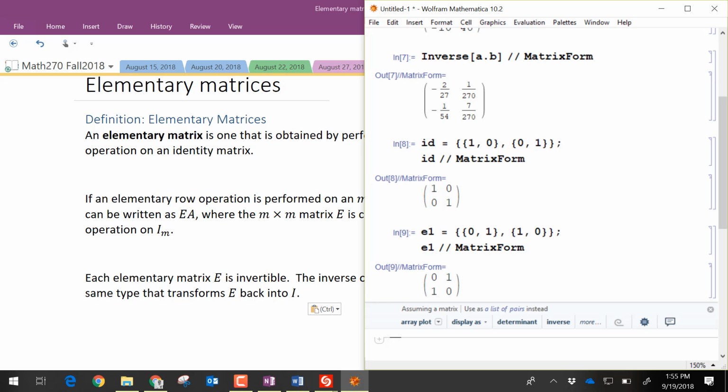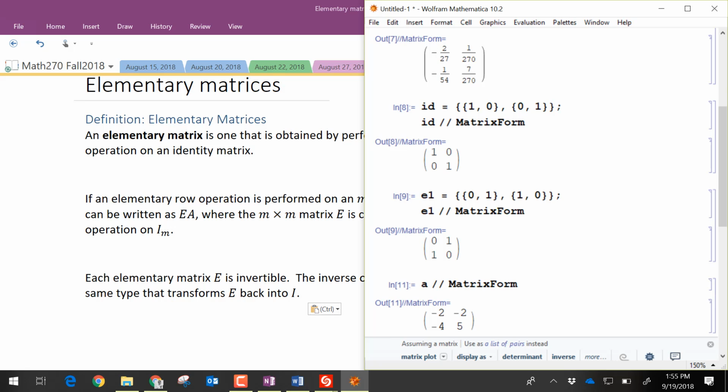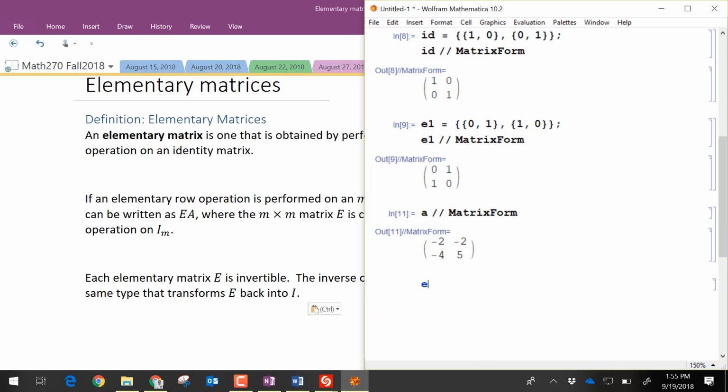The interesting thing about an elementary matrix in matrix form is that if you take a matrix like this and then we multiply this matrix by an elementary matrix on the left side, what do you think is going to happen?